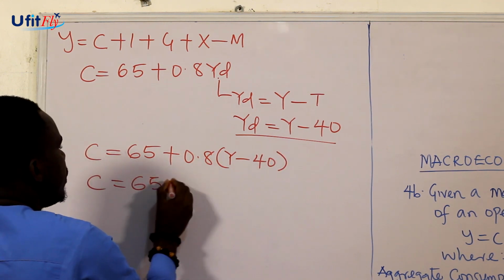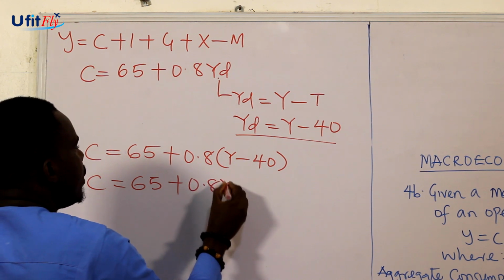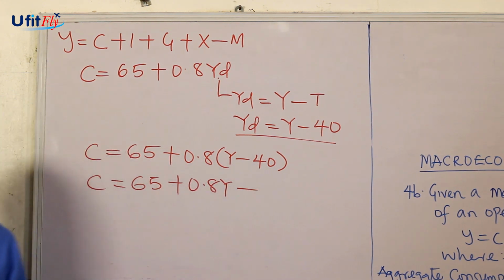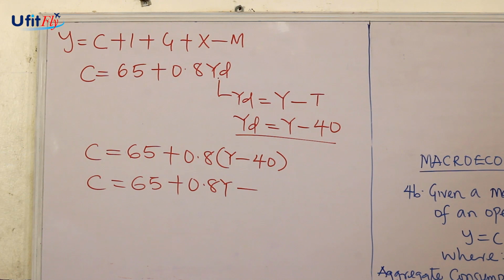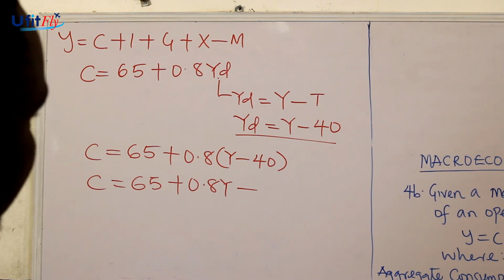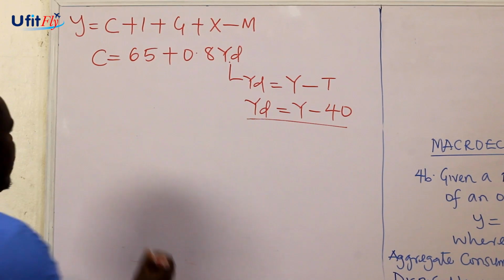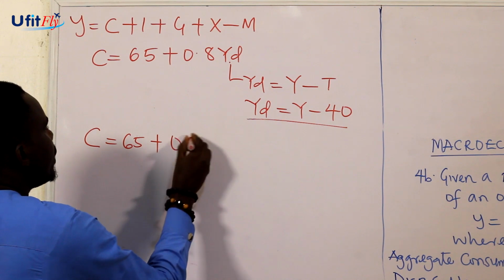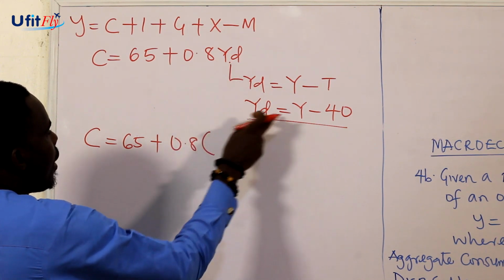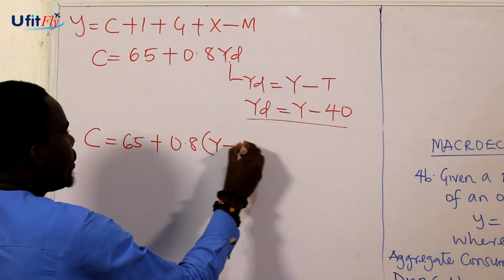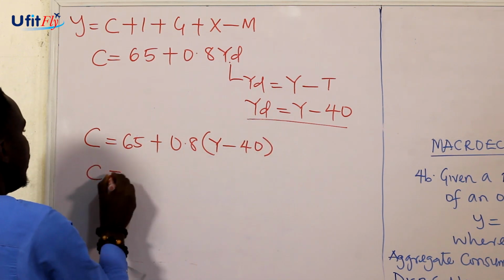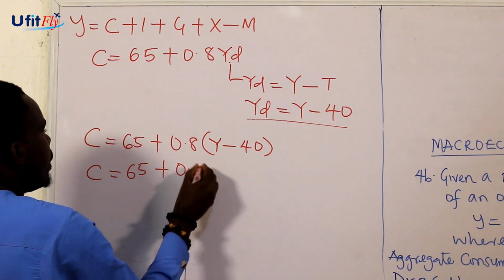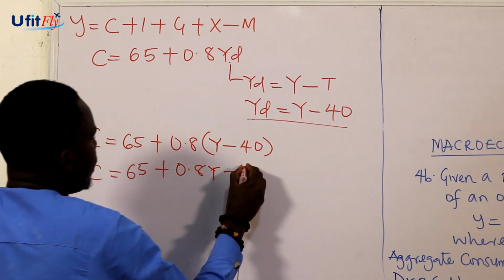By opening the bracket, we have 0.8Y minus 0.8 multiplied by 40, which is 32. As such, C equals 65 plus 0.8Y minus 32.